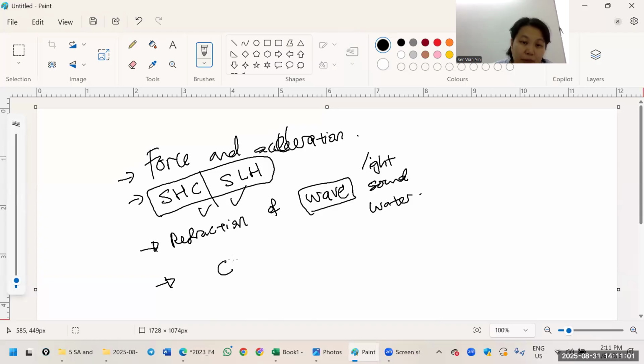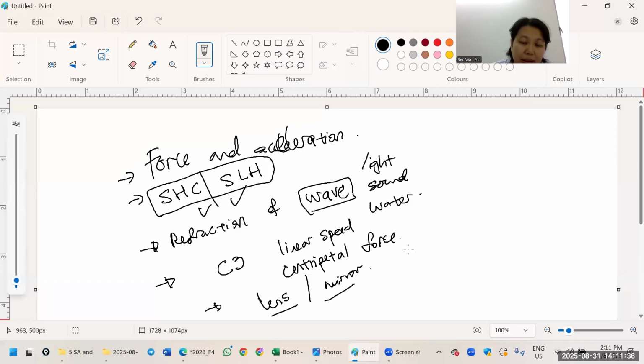Then Chapter 3 also has either linear speed or centripetal force. I think so, not so sure. Then for the rest, maybe there is lens and mirror.